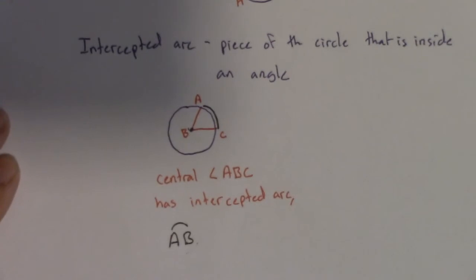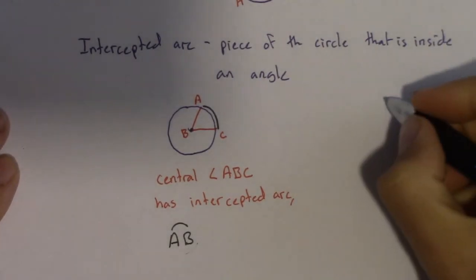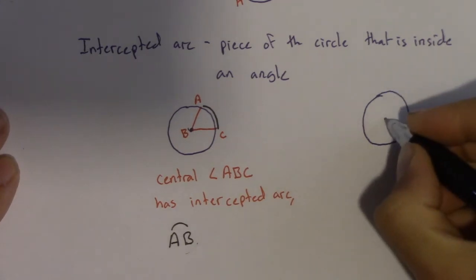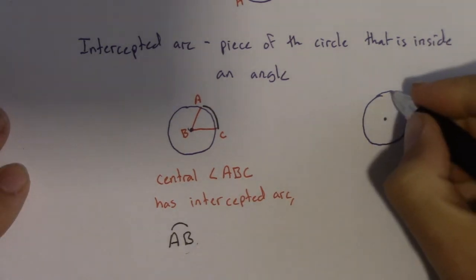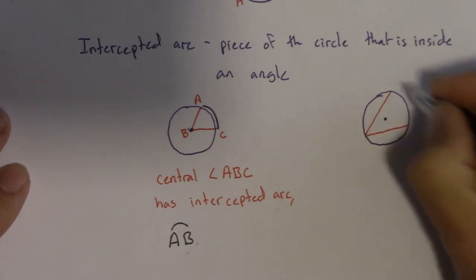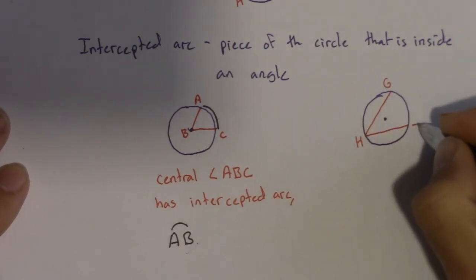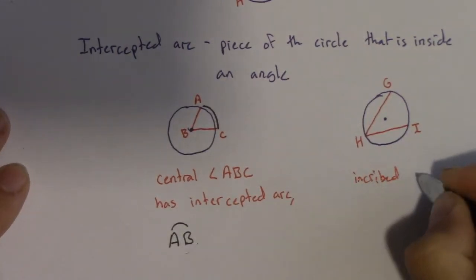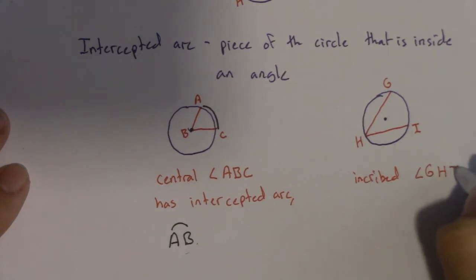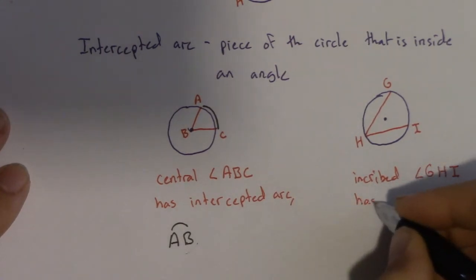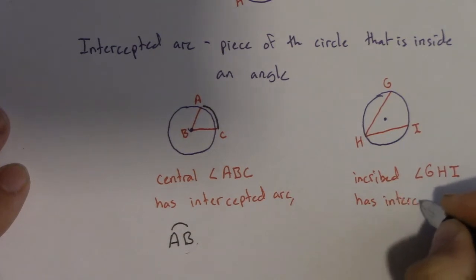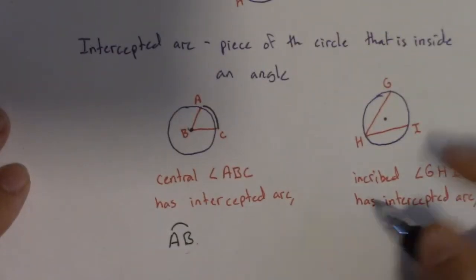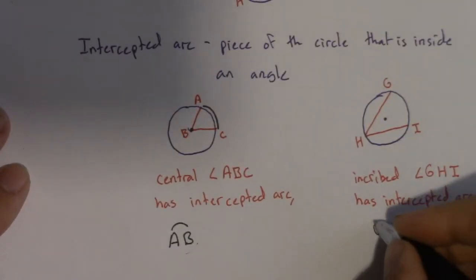Okay? By the same token, if I had an inscribed angle right here, GHI, inscribed angle GHI has intercepted arc, in this case it would be GI.